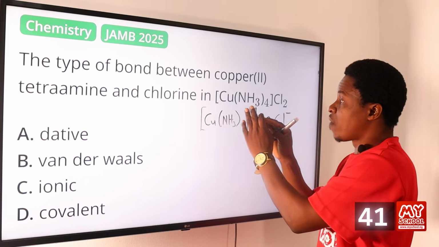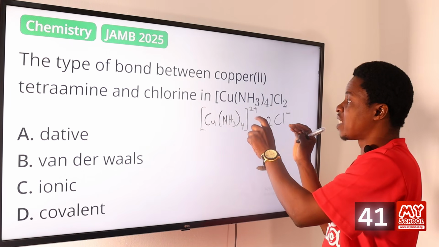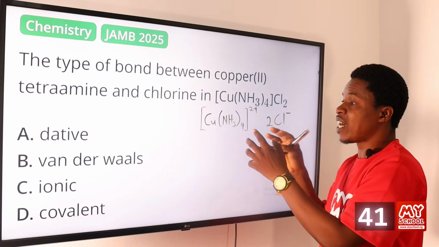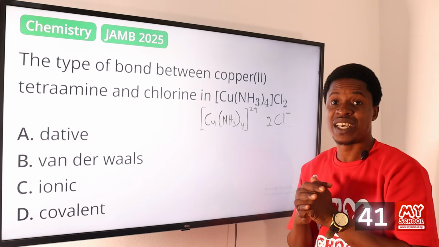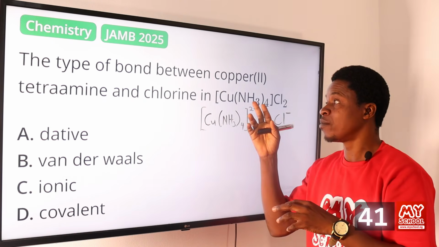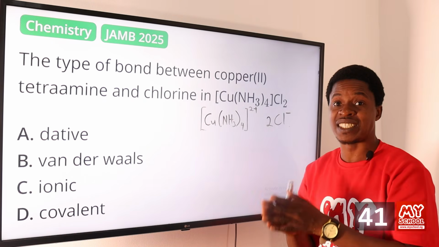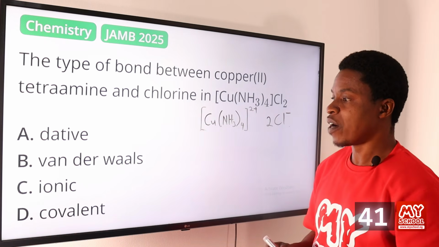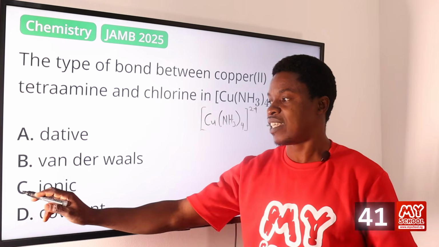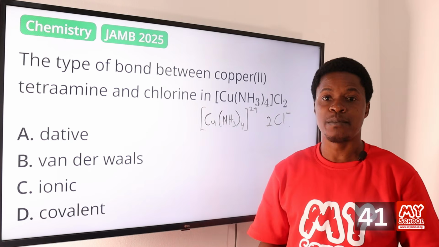So there's bonding between positively charged ions and negatively charged ions, and of course we know it is an ionic compound that is formed here, and an ionic bond actually exists in an ionic compound. So the correct answer here is option C, ionic bond.